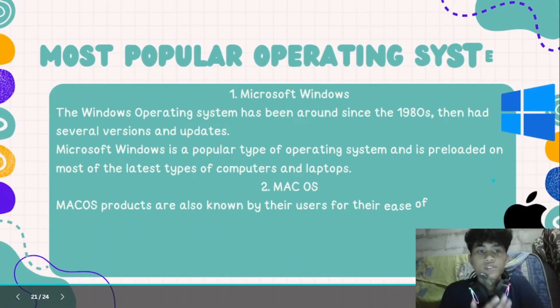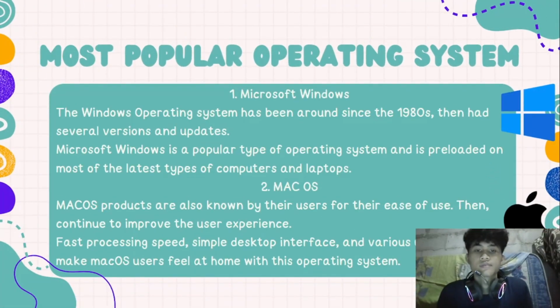And this slide, most popular operating systems. Number one, Microsoft Windows. The Windows operating system has been around since 1980, then had several versions and updates.